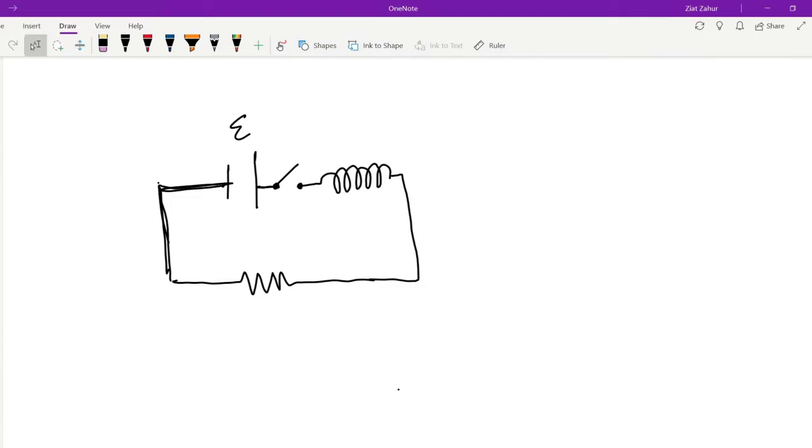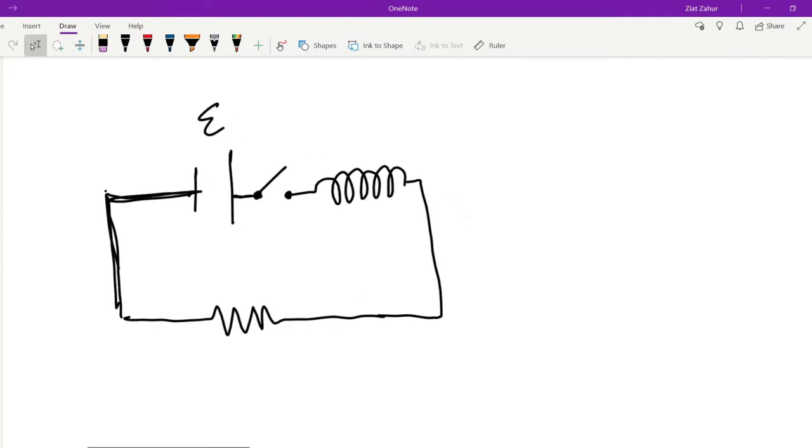All right, so we know that we have a current flowing out of the positive end here. And so let's do a current flow diagram. Well, as soon as I close the switch, of course, current will flow around in a clockwise fashion here.